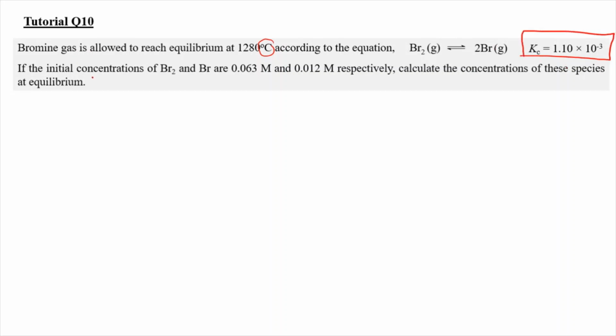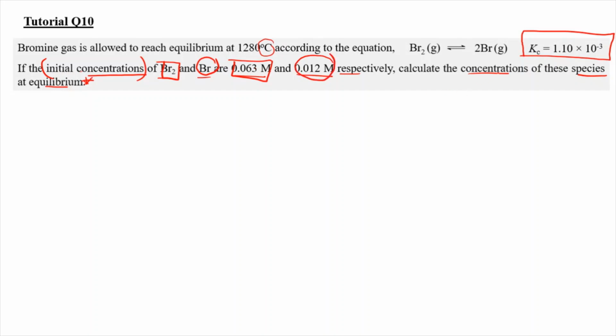So if the initial concentration, so here is the keyword, of the Br2 as well as the Br atom to be 0.063 molar and 0.012 molar respectively, we need to calculate the concentration of these species at equilibrium. Okay, so the initial one is given, which is Br2 0.063, Br going to be 0.012 molar.